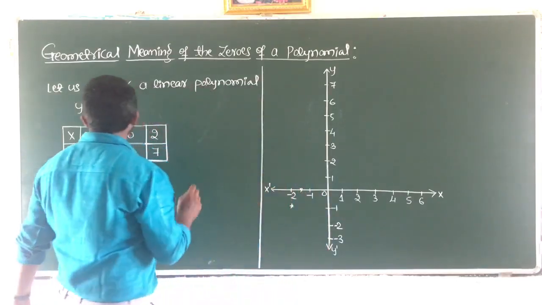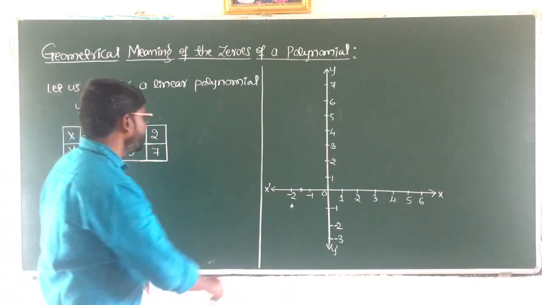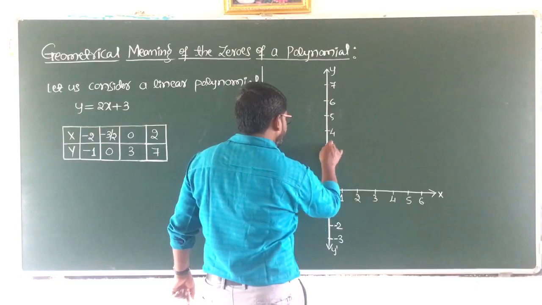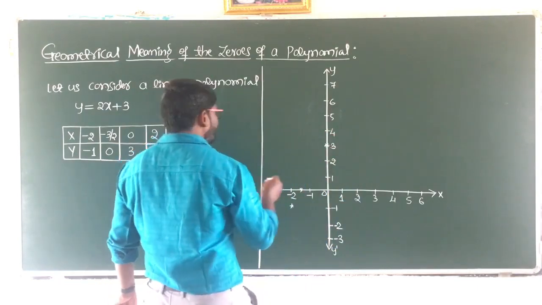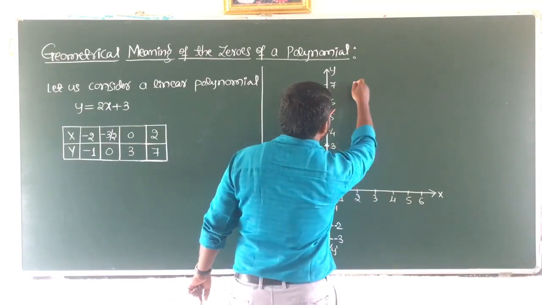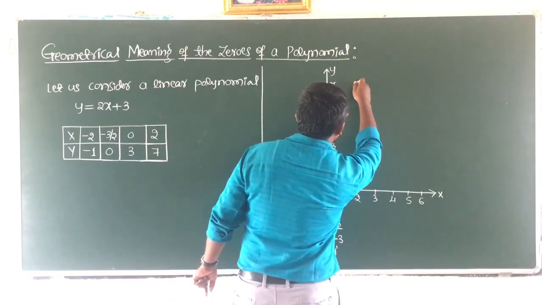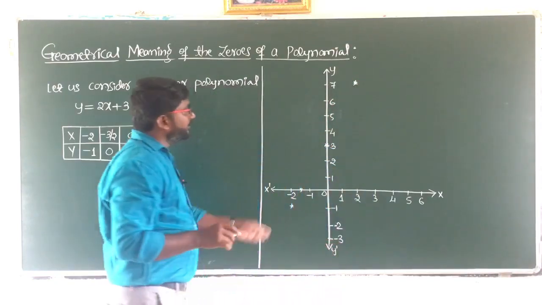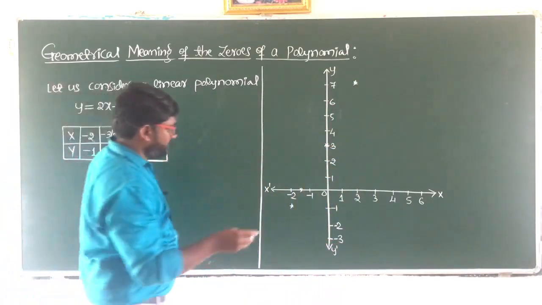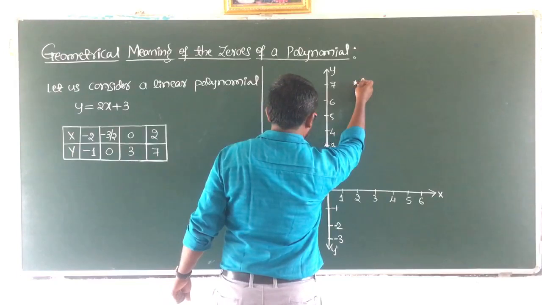Now the next one, x 0, y 3, it is this point. Then x 2, y 7, somewhere here. Now we have to join all these points, so it becomes a straight line.